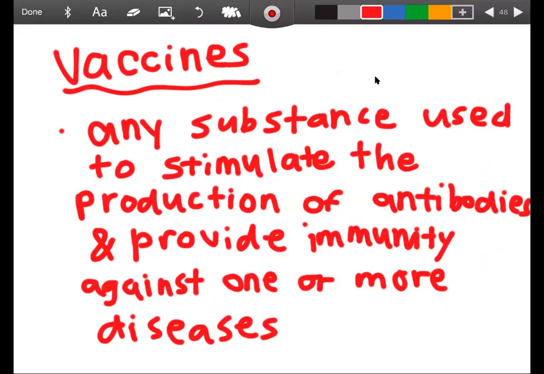Okay, and then basically one way that we can stop viruses from infecting bodies or certain organs is by using vaccines. So vaccines are substances that stimulate the production of antibodies and provide immunity against one or more diseases.